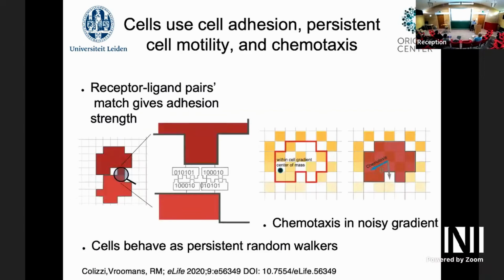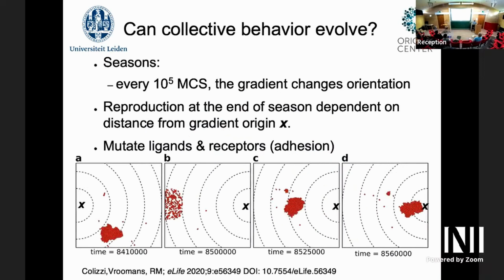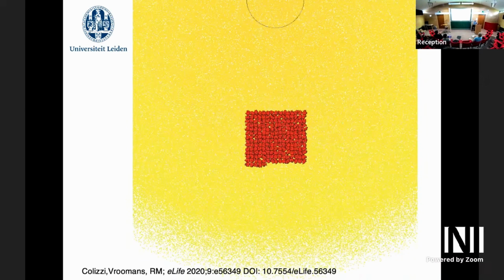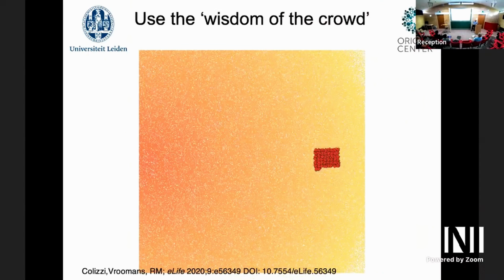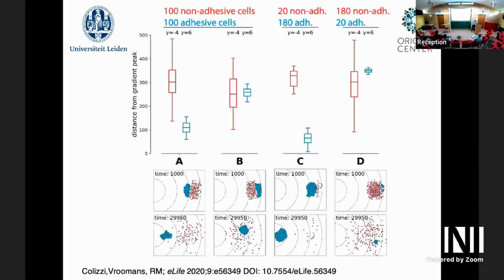Of course, I had way too much material. This is actually about collective migration, evolution of collective migration, but I think I'm really out of time. So if you want to know more about this, have a look at the paper or ask me about it later.